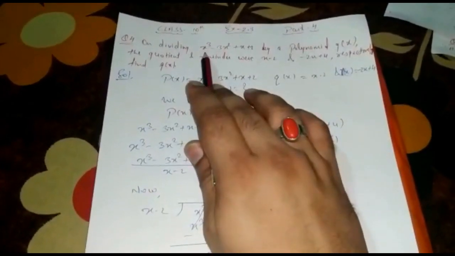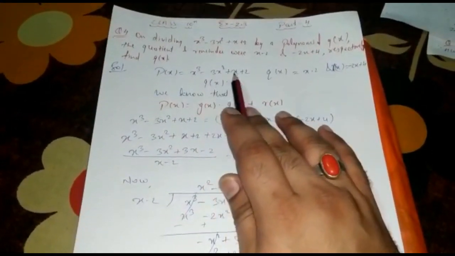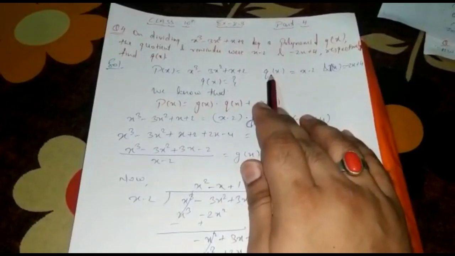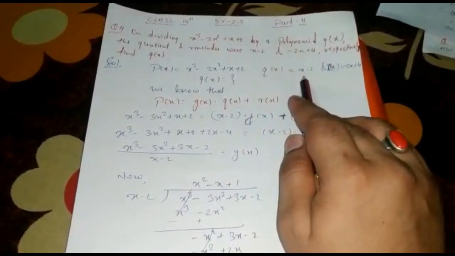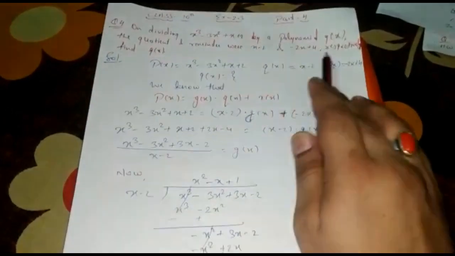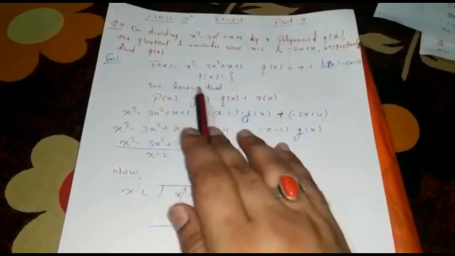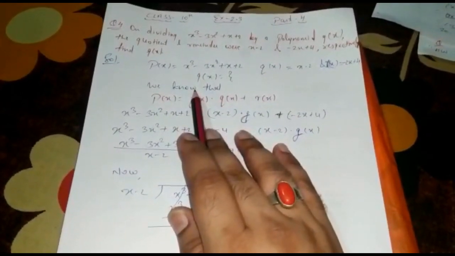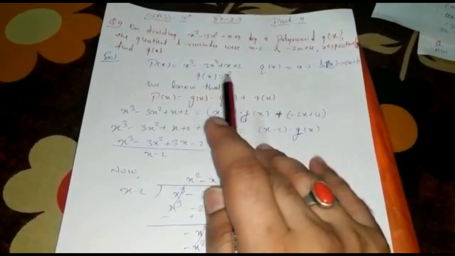So qx is given, that is x minus 2, and rx is minus 2x plus 4, and we have to find out what? gx. As we discussed in a previous part of this exercise, px is equal to gx dot qx plus rx.